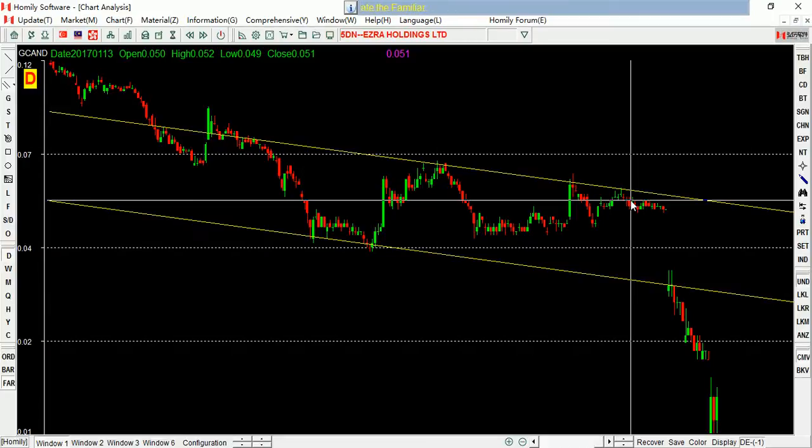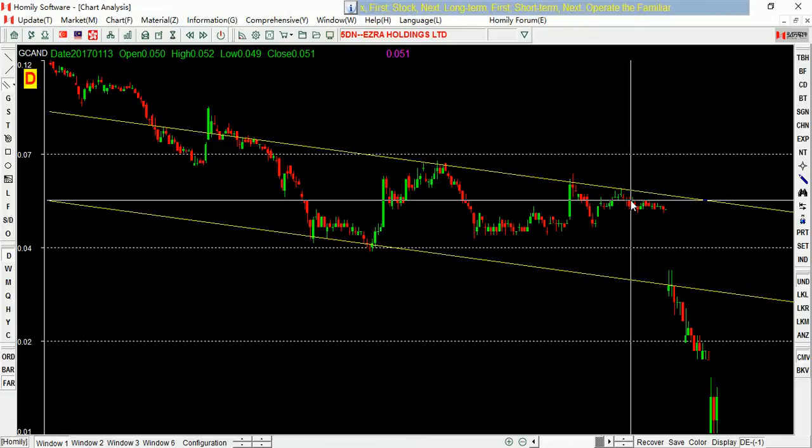Then we can see the downtrend. This is the downtrend. Here, buy or not? This is the buy point because here is the support. Then touch here, sell or not?